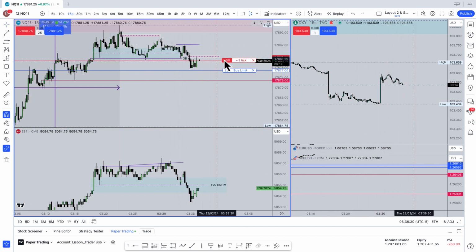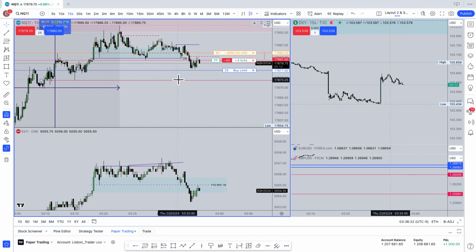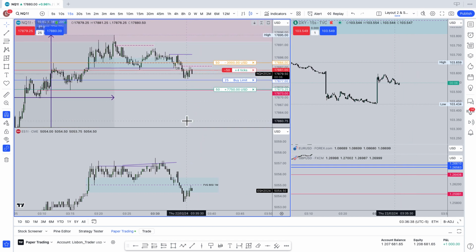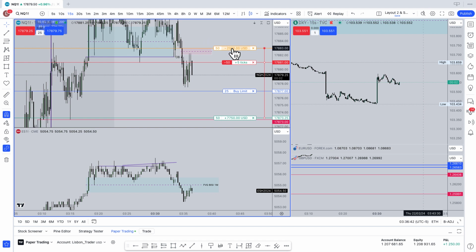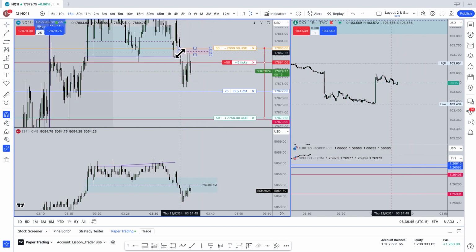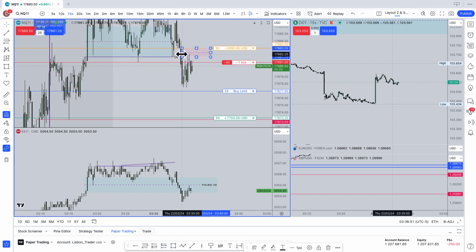Entering another short. Reestablish the same trade. Stop goes above this 15 seconds CB.